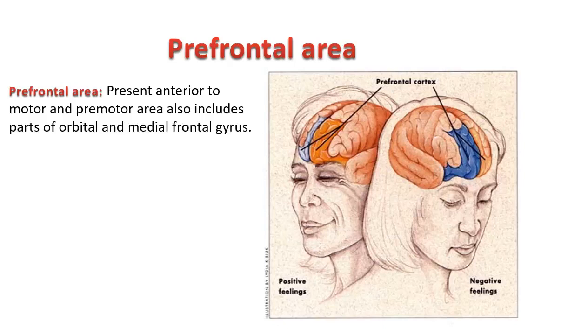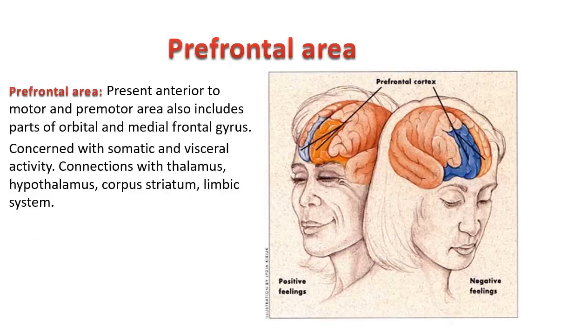It has very wide connections, mainly to your anterior thalamic nuclei and other thalamic nuclei, and also to your hypothalamus and other cortical areas, mainly in the parietal and temporal lobe. So it is mainly an interaction of somatic and visceral activities.